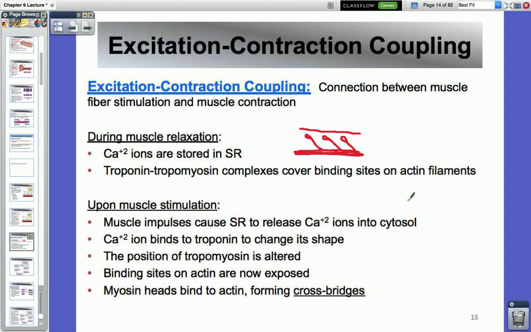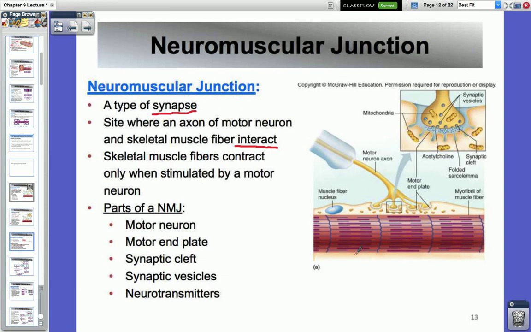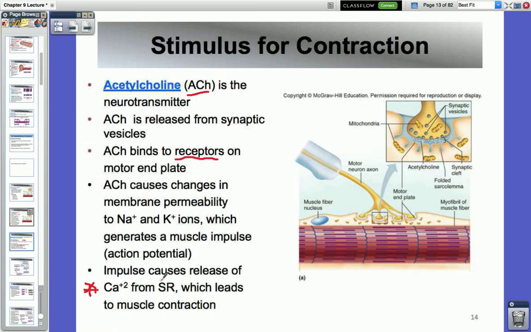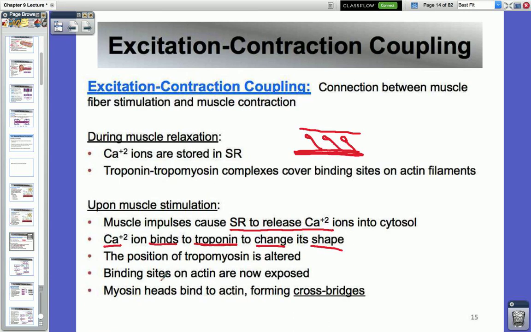it binds to, I'm going to actually come back to this part. So when calcium is released from the SR, calcium will bind to troponin, and troponin will change shape. Again, I'm going to go back and forth to these slides so y'all can kind of see what I'm talking about. So, calcium will bind to troponin. Troponin will then change shape. Once troponin changes shape, that's going to alter the position of tropomyosin.